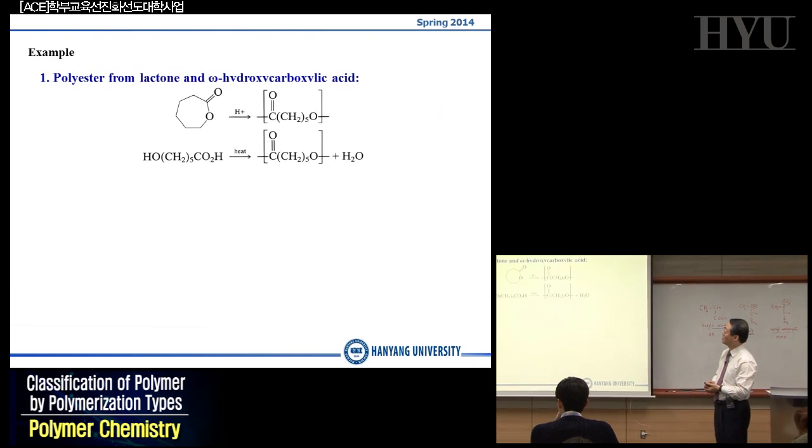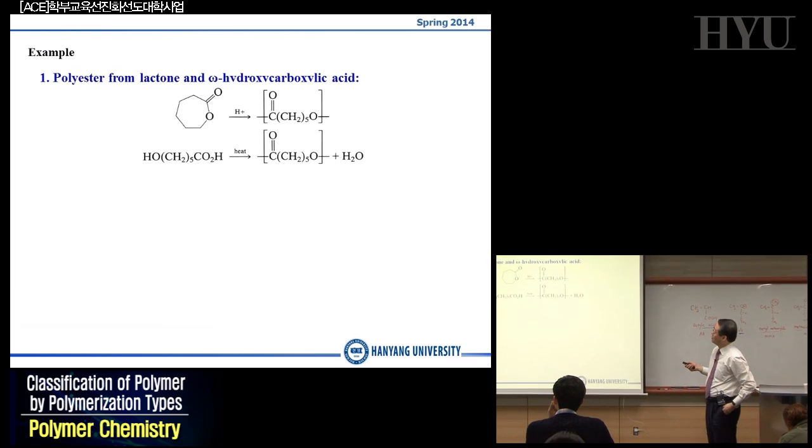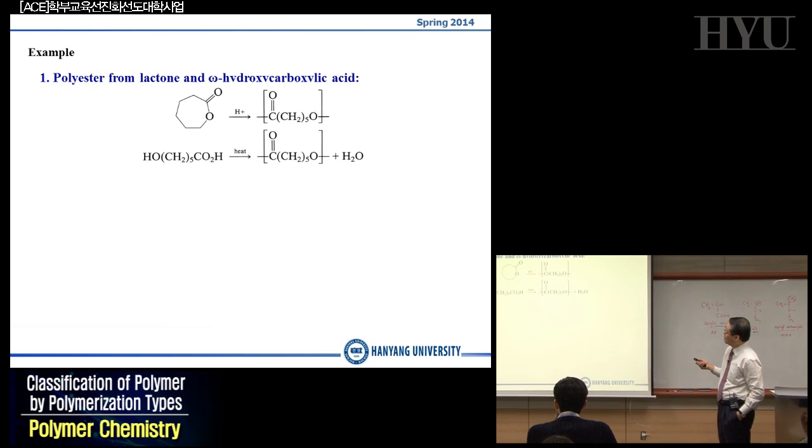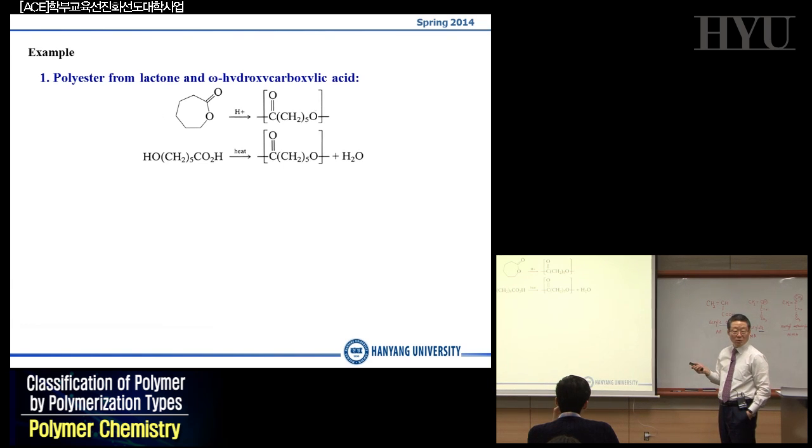Another example is, let's say, now this is a polyester. In this polymer, we have the carbonyl and ether connected to each other, so we call this a polyester as well.